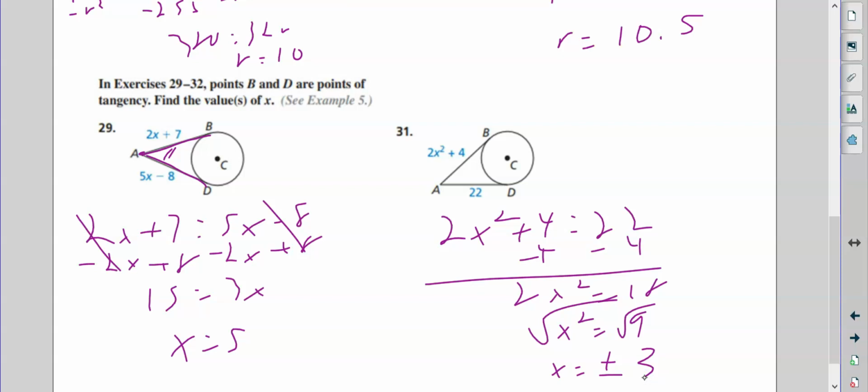And it's okay to get a negative here because in this case, negative 3 squared is 9 times 2 plus 4 is 22. Now, if we ended up with that being just the measurement of a side, we'd have to throw out the negative number because you can't have a negative measurement, but you can have a negative x value at times. And that's it.